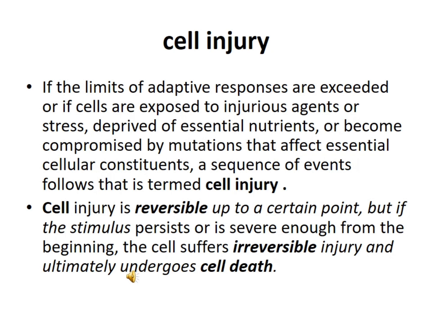Cell injury is reversible up to a certain point, but if the stimulus persists or is severe enough from the beginning, the cell suffers irreversible injury, that is cell death.